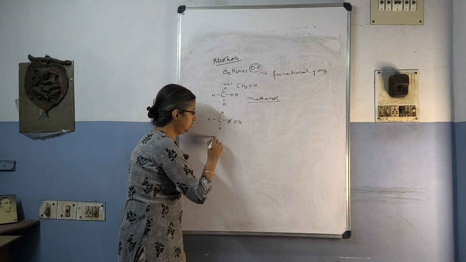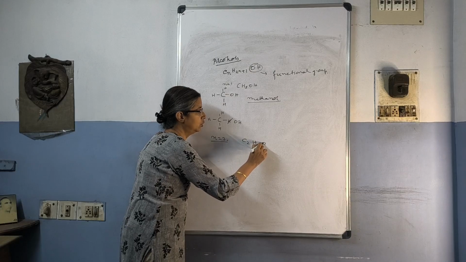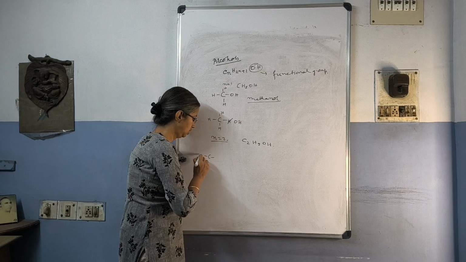Now if we take n equal to 2, we will have C2H5OH. That is, from ethane comes ethanol. Our ethane is this.